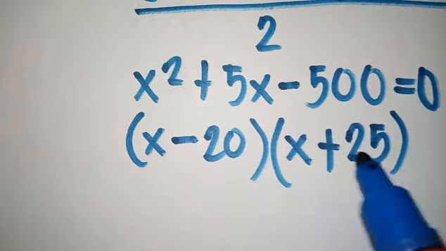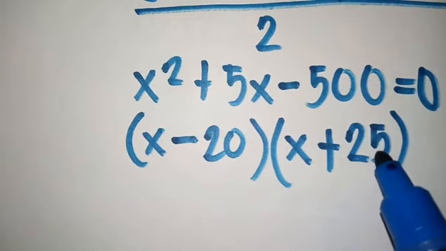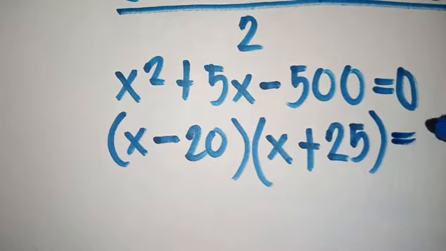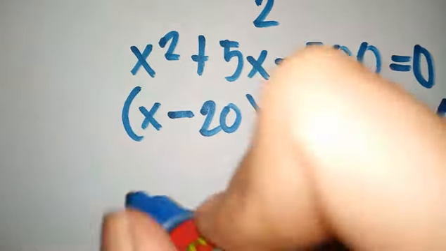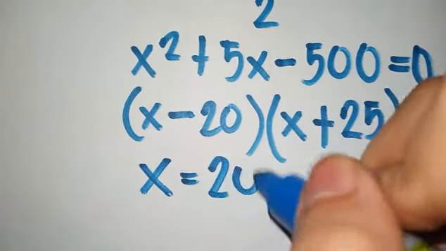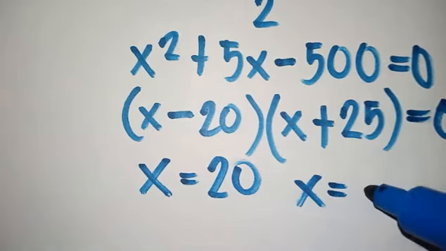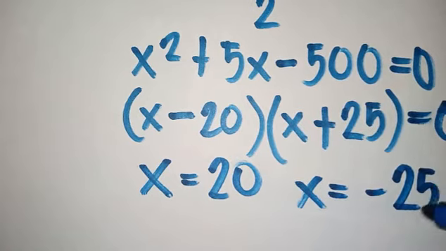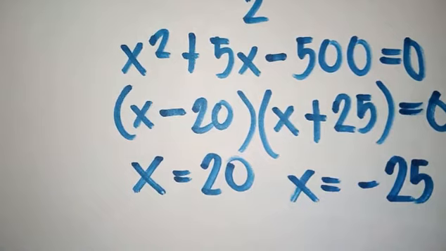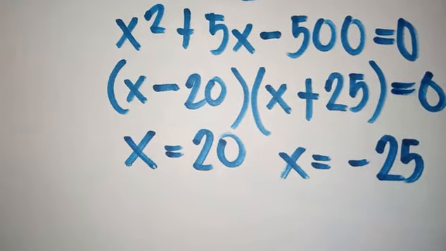Then negative 20 times positive 25 will give us negative 500 is equal to 0. Then yung ating magiging x dyan ay we have positive 20. Then x is equal to negative 25. Kasi transpose lang natin doon. Transpose doon kasi nga i-equate natin siya sa 0.